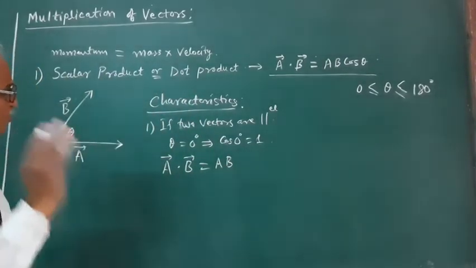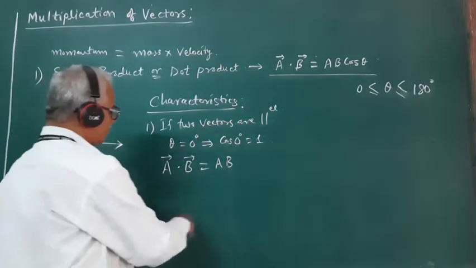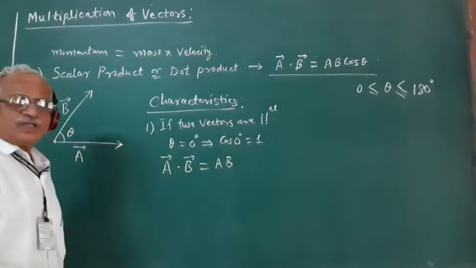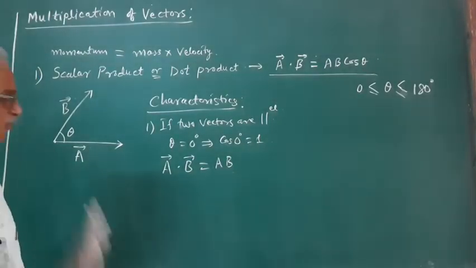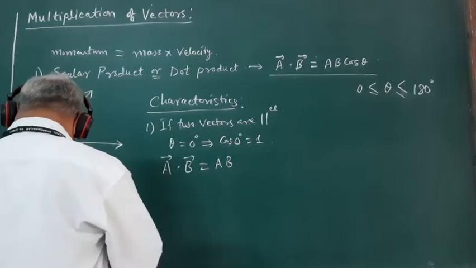That is, if the two vectors are parallel to each other, then the dot product of two such vectors is equal to the product of the magnitudes of the two given vectors. So this is the first characteristic.